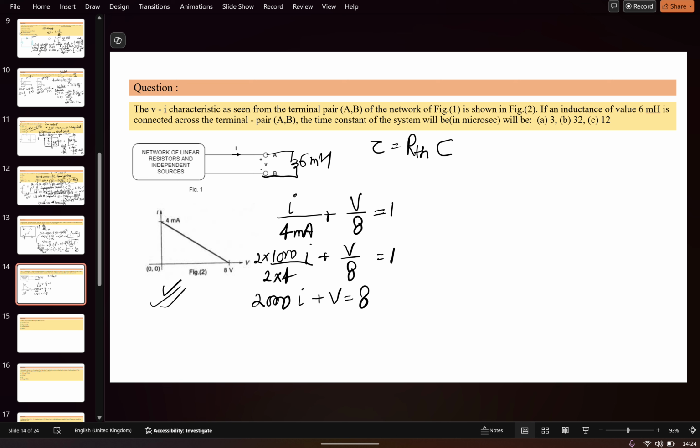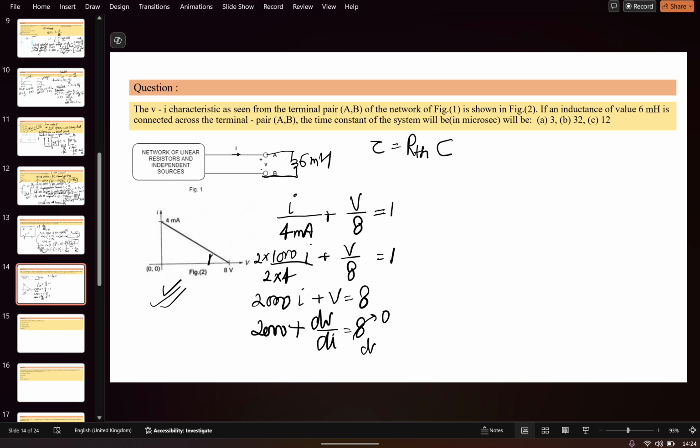For finding the value of the resistor, the resistance is equal to dV by dI. Differentiating, 2000 with respect to I, dV by dI plus... the constant 8 gives 0.